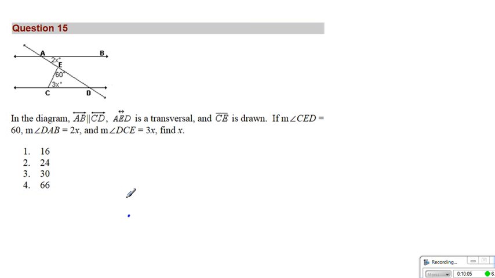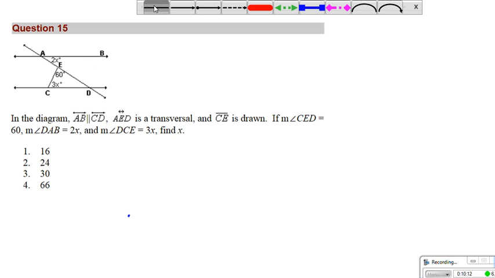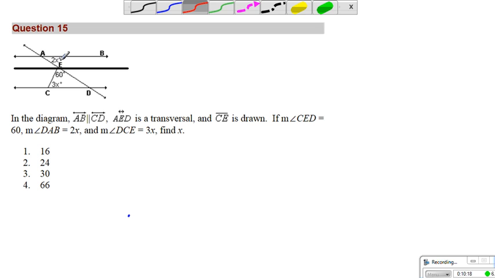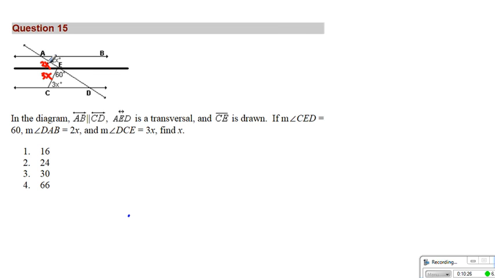All right, here we go. So how are we going to do this one? If we draw a vertical line, the parallel line, we can assume a couple of nice things here. This is 2x, that makes this one 2x. This one is 3x, this one is also 3x. That means 2x plus 3x plus 60 must be equal to 180.